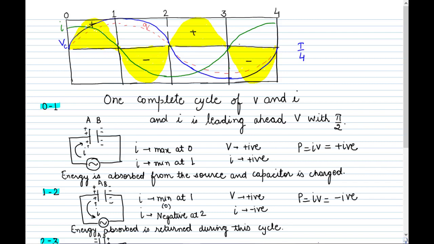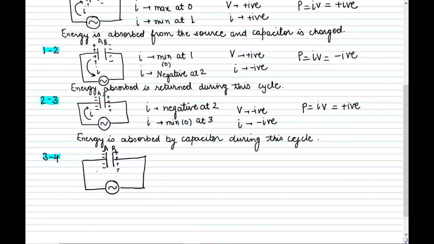Here you can see that the current I is positive but the voltage V is negative. So P will also be negative. Now the current has reversed the direction, that means it will be coming out of the capacitor. I is minimum, it is 0 at point 3 and then it gets maximum at point 4.